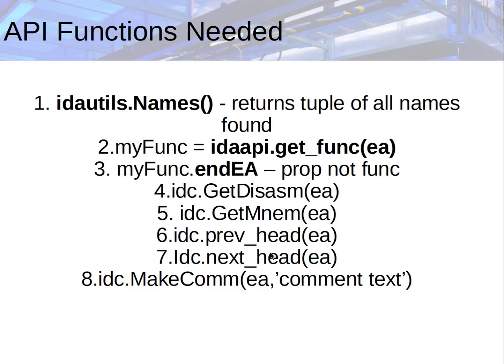So if we're at address 0055AA11 and we say get next head, it might not be 0055AA12. It might be 0055AA20 or something like that. So just know that. And that's the reason why we say next head rather than just increment the address by one, by one. So that's important to know.